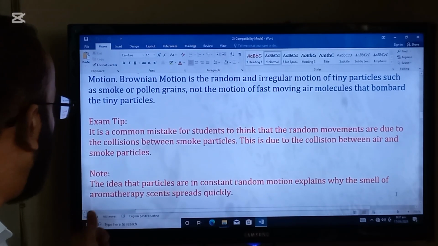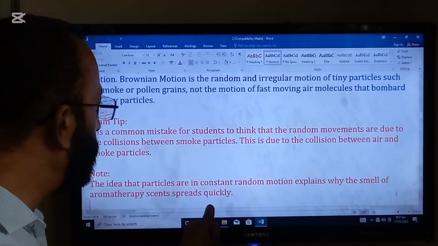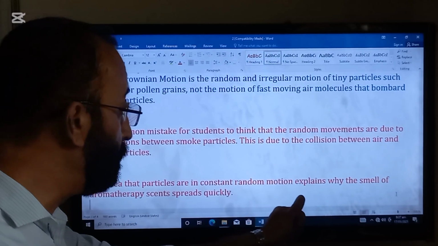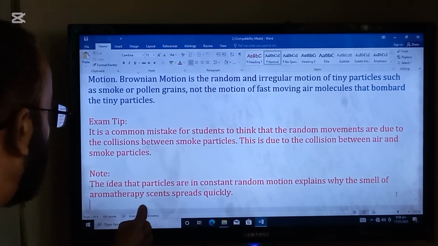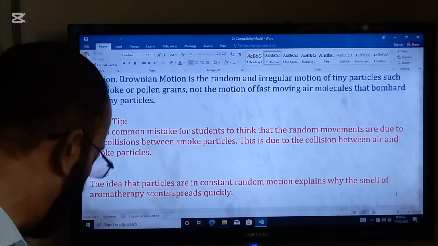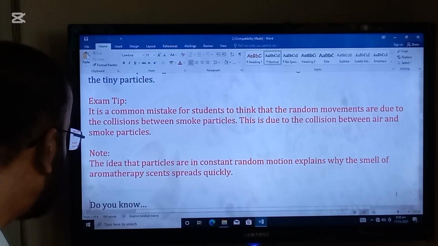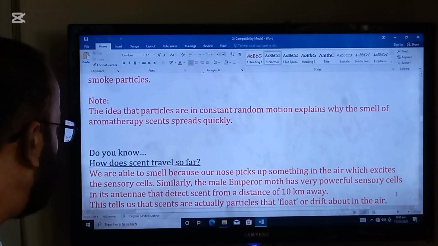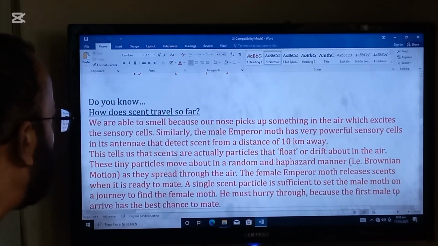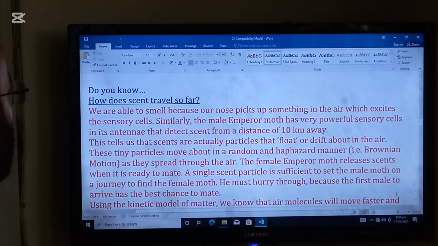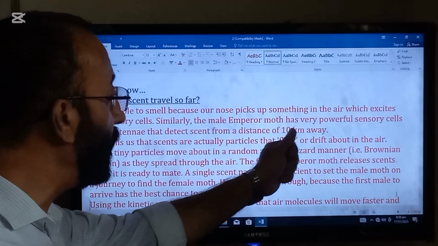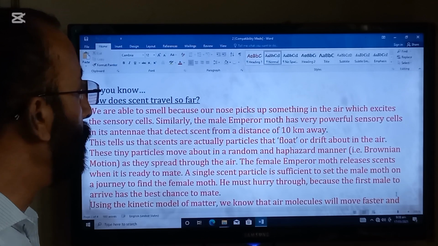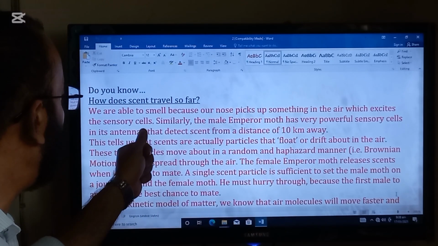Note, the idea that particles are in constant random motion explains why the smell of aromatherapy scents spreads quickly. Do you know how scent travels so far? We are able to smell because our nose picks up something in the air which excites the sensory cells.